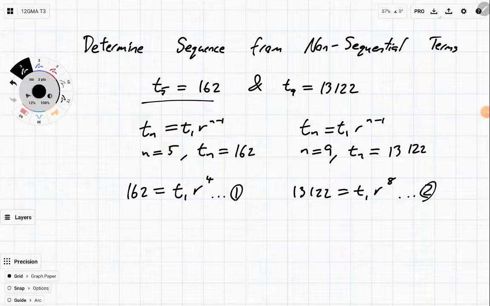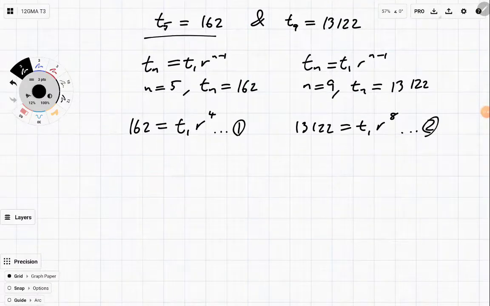However, subtraction is not going to work here, because if we subtract these things, they're not like terms. This is to the power of 4, this is to the power of 8. That's not going to work. However, if we divided these things, well, we would have T1 on the top, T1 on the bottom, and that would actually simplify. So let's go 2 divided by 1, and that gives us equation 2. Notice again, I'm putting the larger equation on top. In particular, I want the larger r on top.